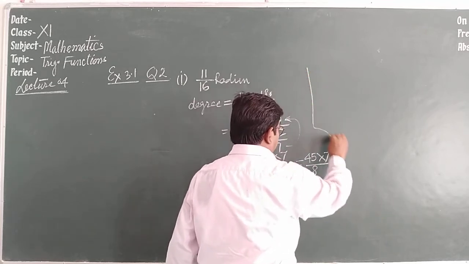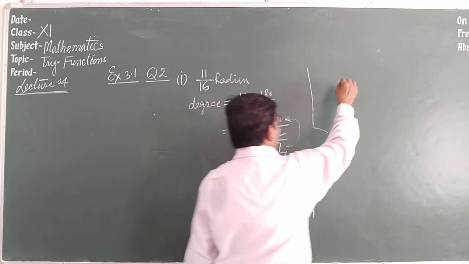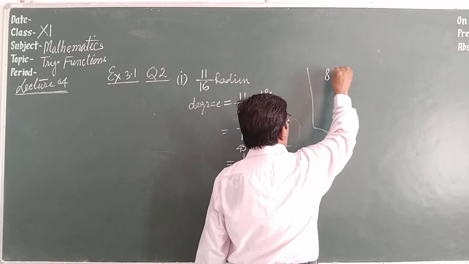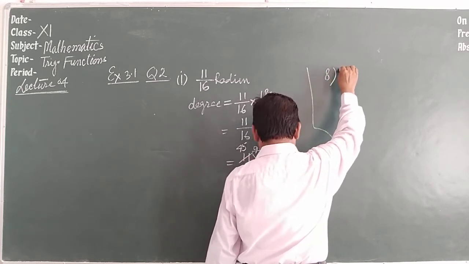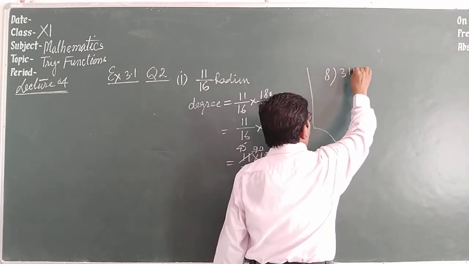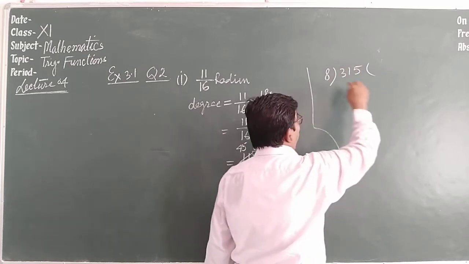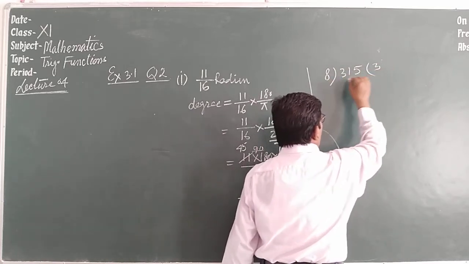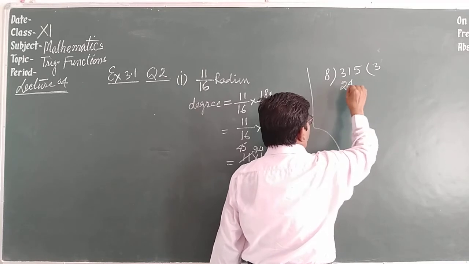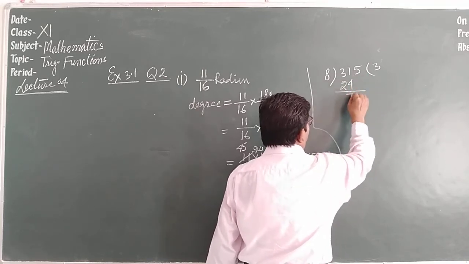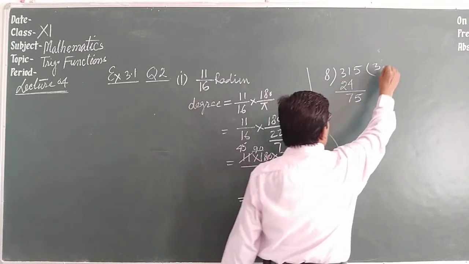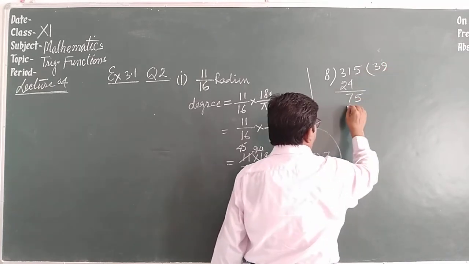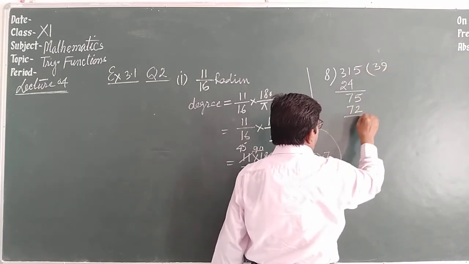Try to understand. I am going to divide. We have to divide 315 by 8. First, 8 3s are 24. Taking 7, 75. 8 9s are 72. This is 3.